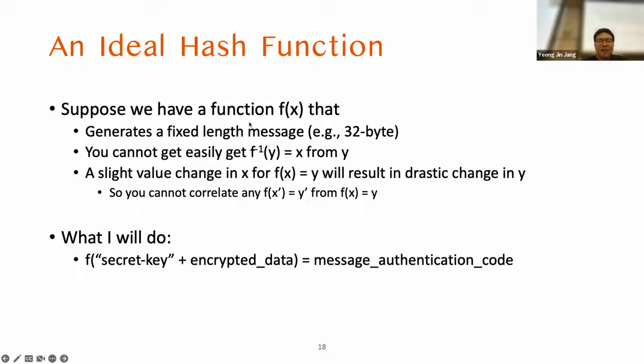So if we have a function with these three properties, generating a fixed-length message, having an inverse that is very hard to compute, and not allowing us to correlate values from one result, then we can protect the data and detect whether it has been modified by storing a message authentication code.